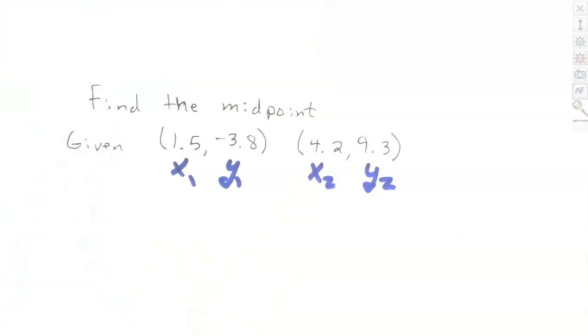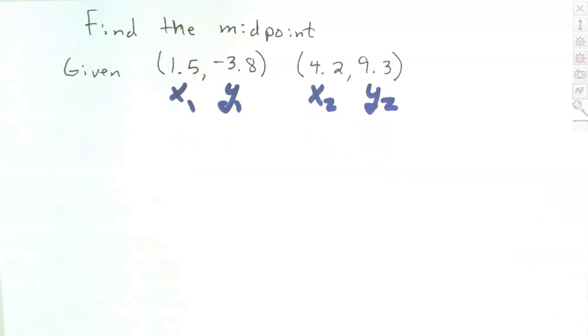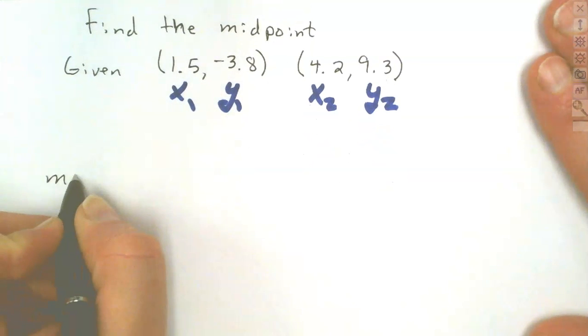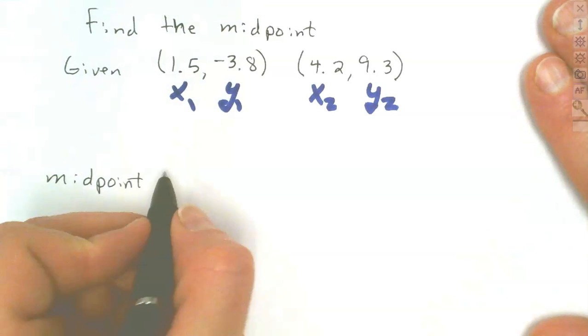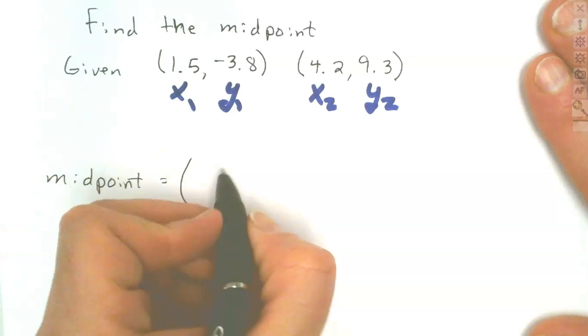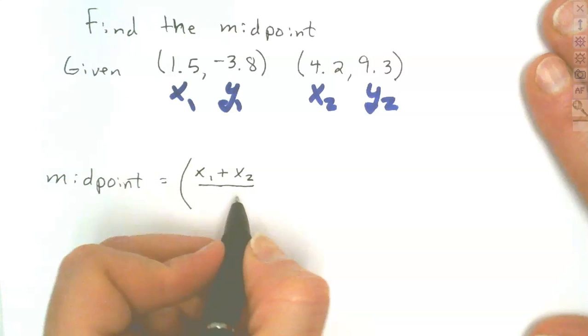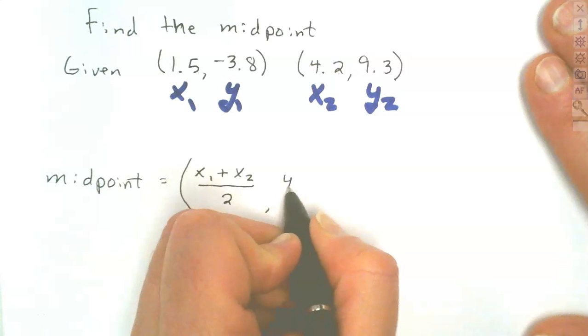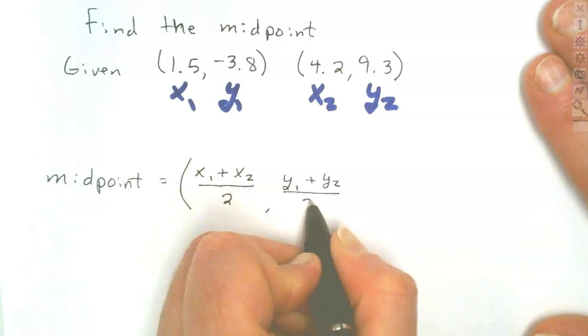Now we can go ahead and apply our midpoint formula. And our midpoint formula is x1 plus x2 over 2 and y1 plus y2 over 2.